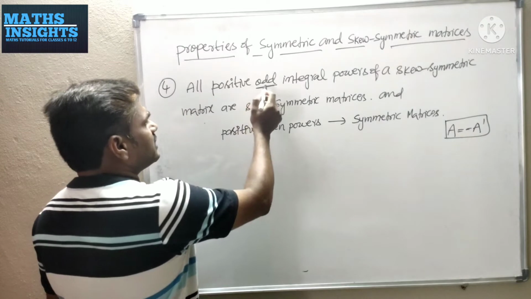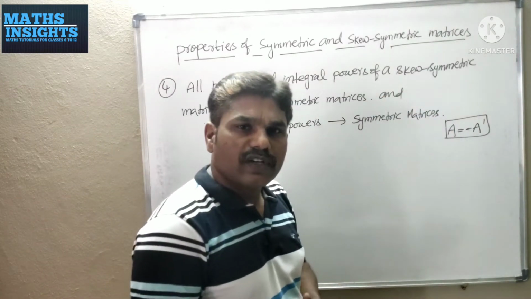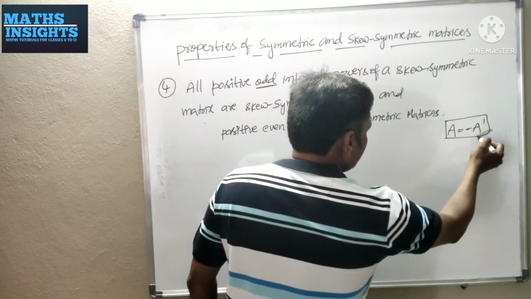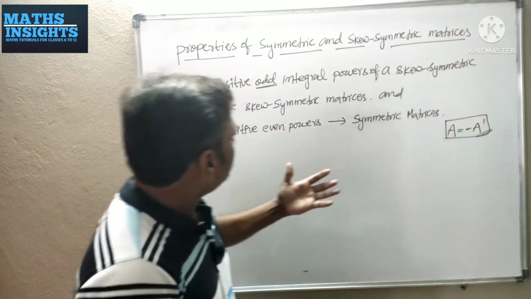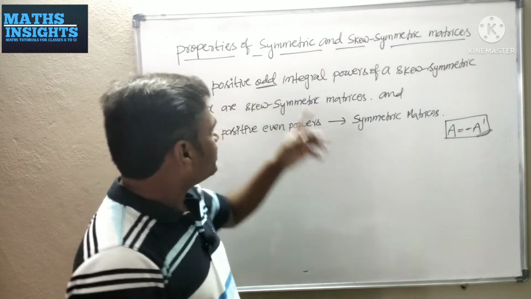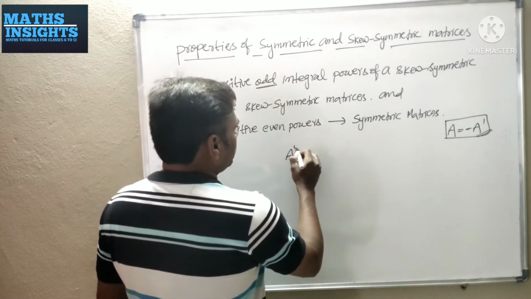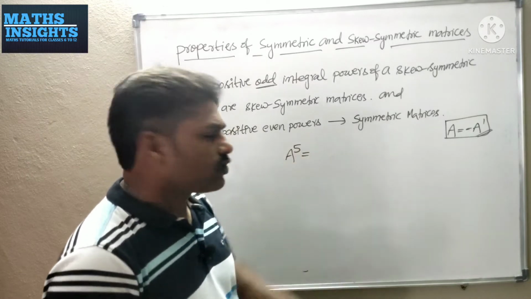This property says that all odd integral powers of a skew symmetric matrix are skew symmetric. Suppose they have given this condition, you may use it wherever it is required. You have to verify by taking a matrix with odd integral power. I am taking A power 5. I have to verify whether it is symmetric or skew symmetric.